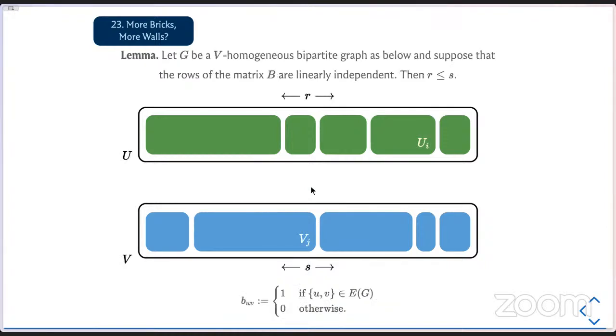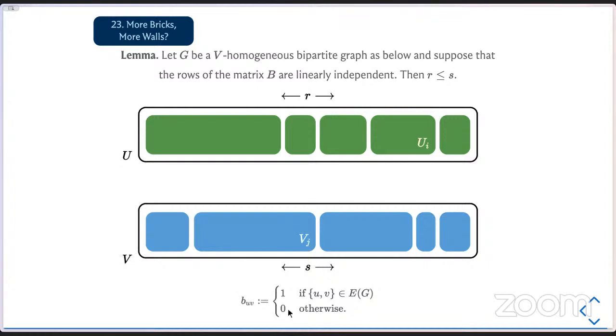It's not always true, but it is true if you look at the bipartite adjacency matrix of this graph and the rows happen to be linearly independent. This bipartite incidence graph, you'll recall from yesterday, has rows indexed by U and columns indexed by V, and you have an edge if the vertex represented by row I and the vertex represented by column J are adjacent in the graph.